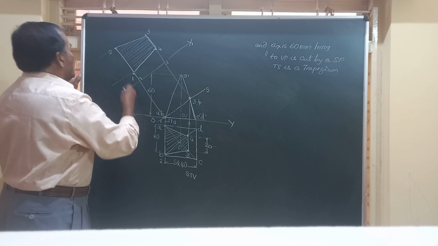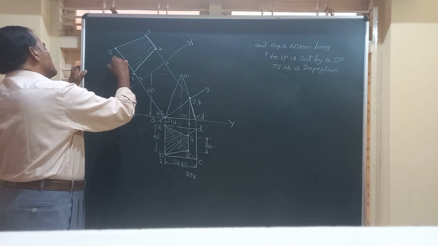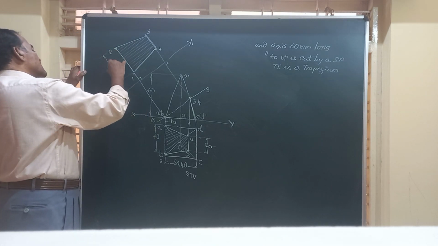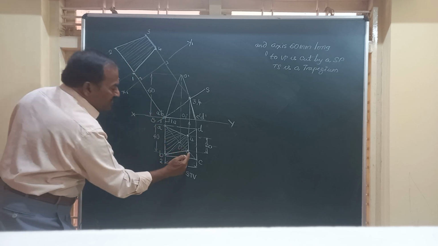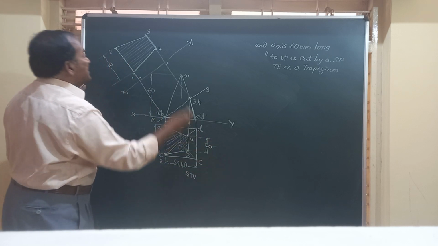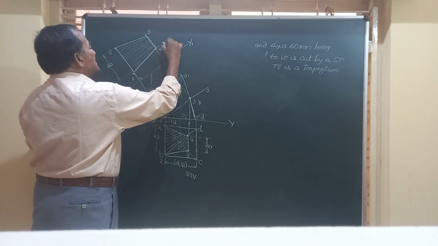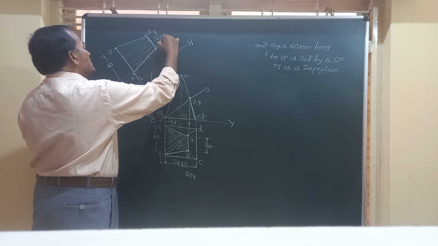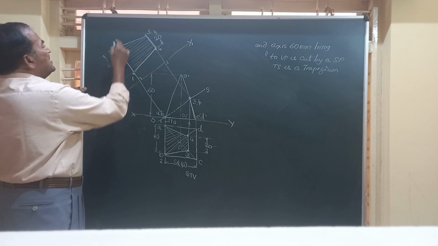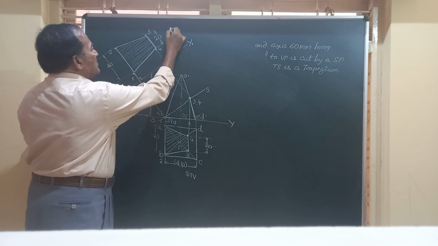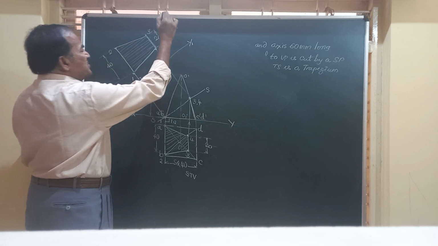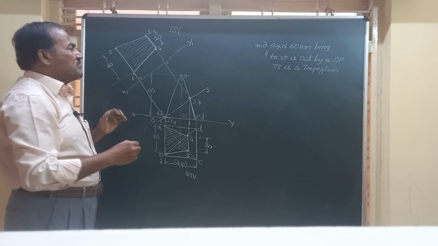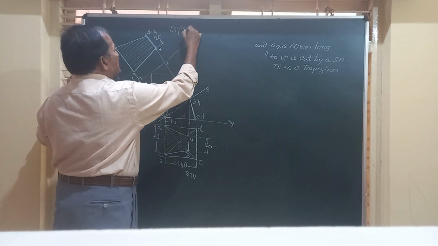It is nothing but 40. And the distance between 3 and 4 is 20. And this figure is the true shape of section, TS, true shape. And this very obviously is a trapezium.